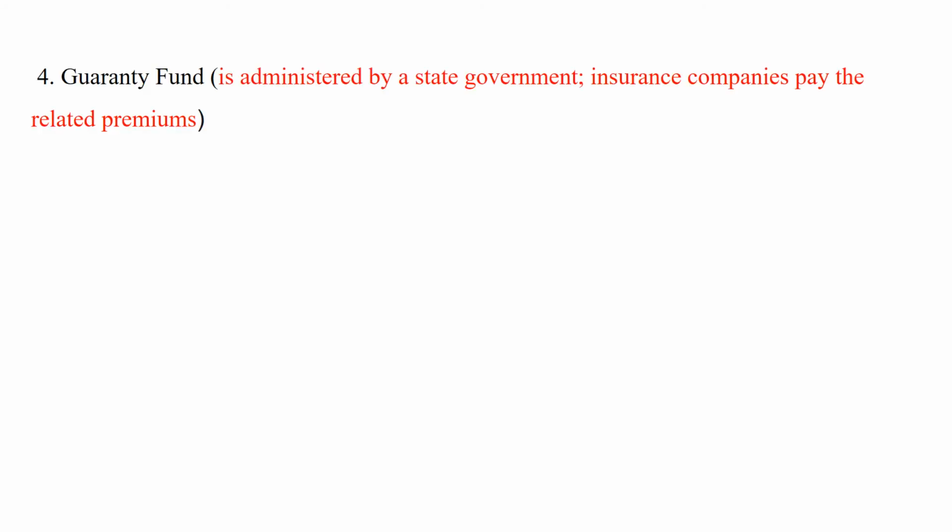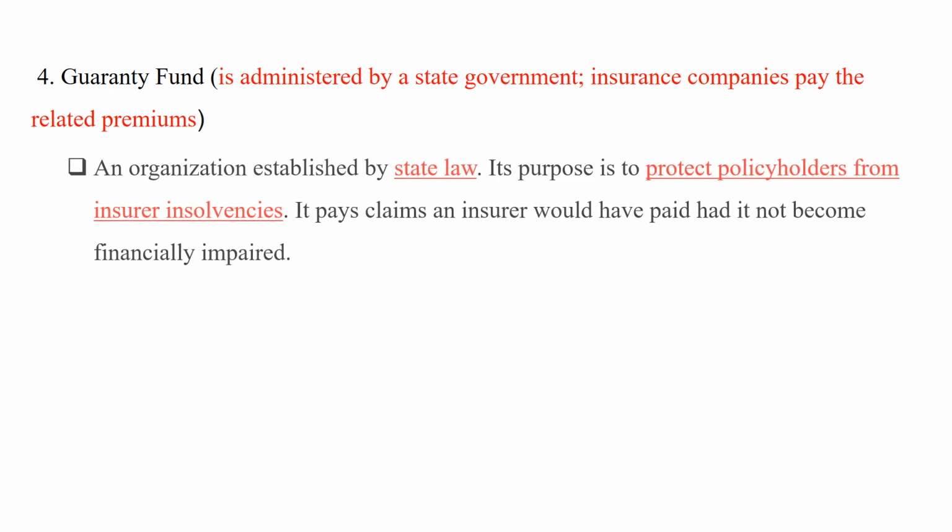Next, a guarantee fund. Guarantee fund is an organization established by state law. So a guarantee fund is administered by a state government. The purpose of this fund is to protect policyholders from insurers' insolvencies.